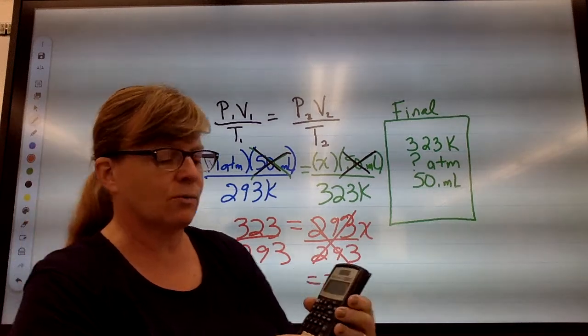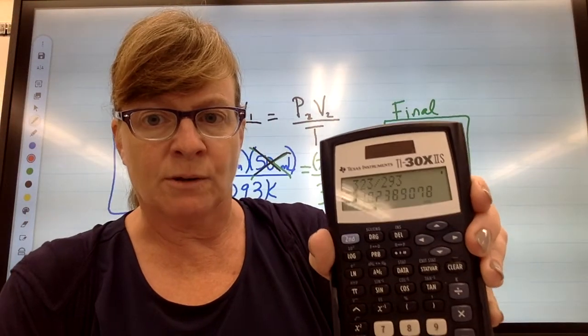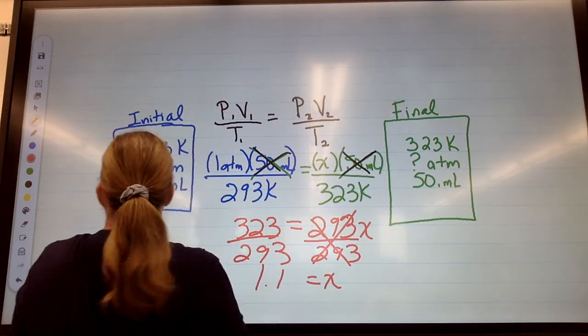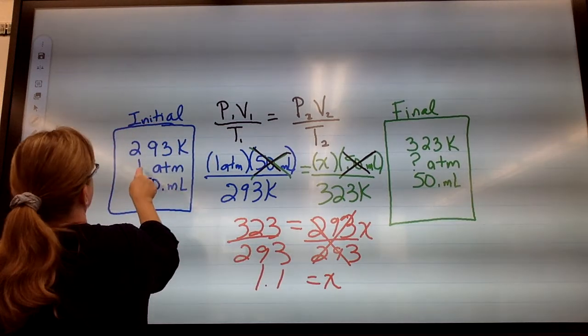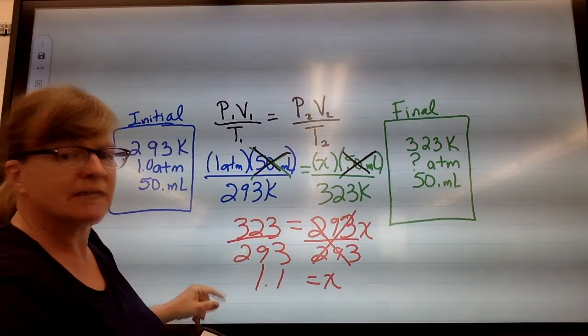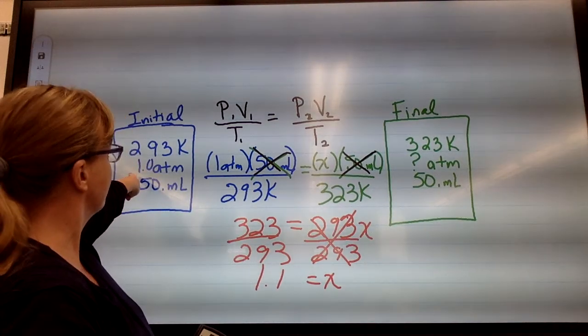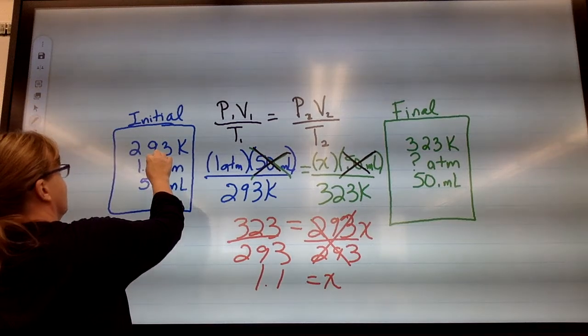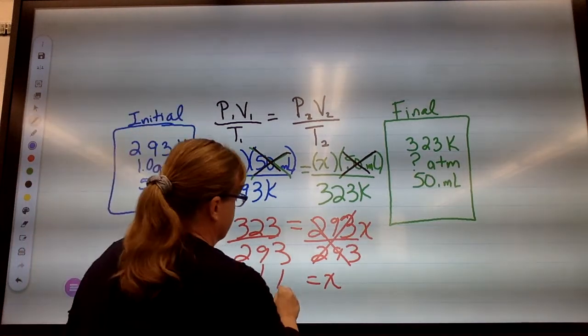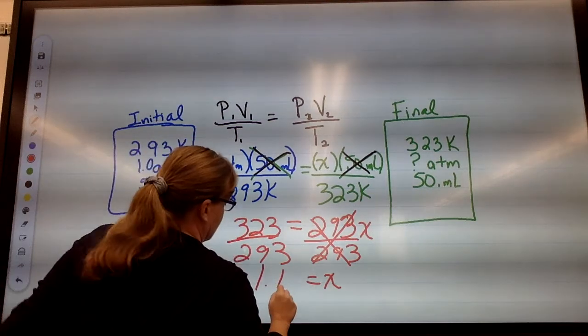So I'm actually going to round, so it's 1.1. In fact, I'm going to go back and add a sig fig here just to make my life easier. So I'm going to add 2 sig figs. I do want to keep 2 in this problem, so sorry about that. 1.0, that's 2 sig figs, 2 sig figs, 3 sig figs. 1.1 atmospheres.